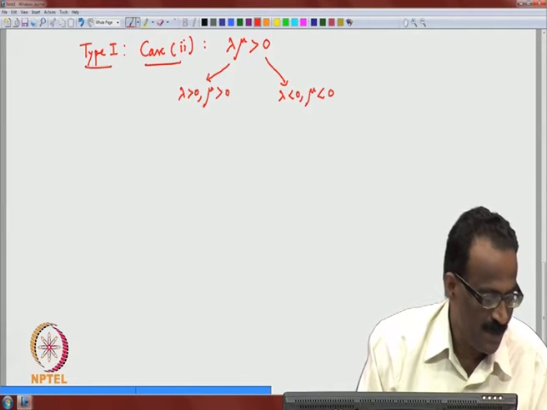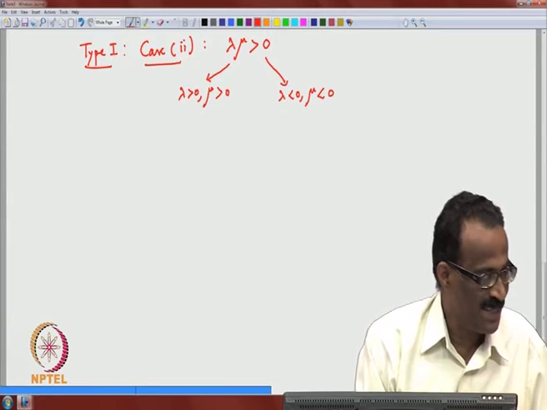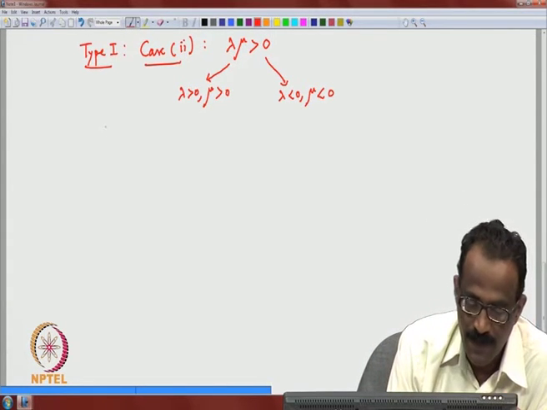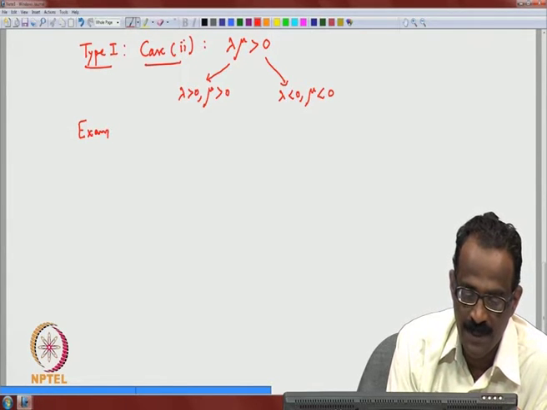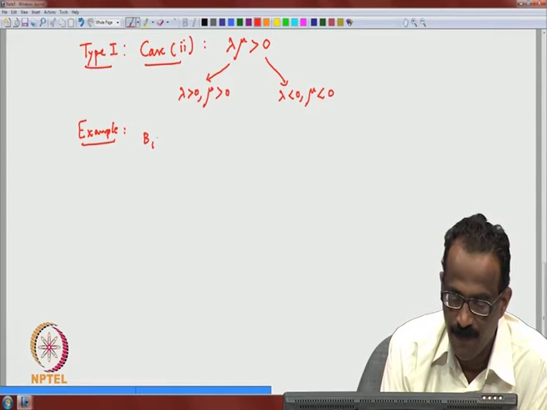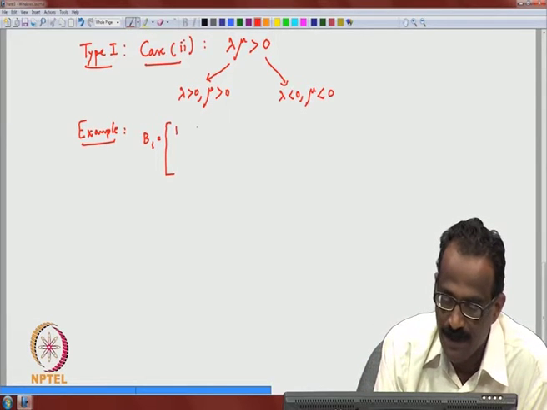So, the best way again is to take up an example, it will behave in the same way. Let us start with an example. This is the case again B1. You start with the example, then you will see that there is no difference. You take B1 to be of the form, it is all in the case of B1 type 1, you take it to be 1 0 0 2.